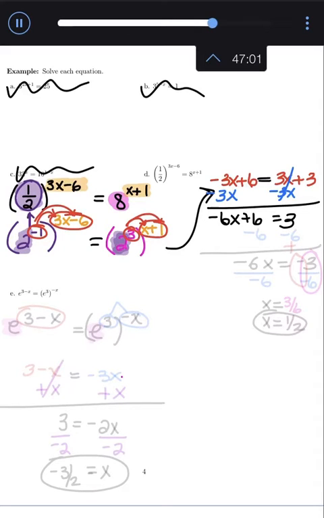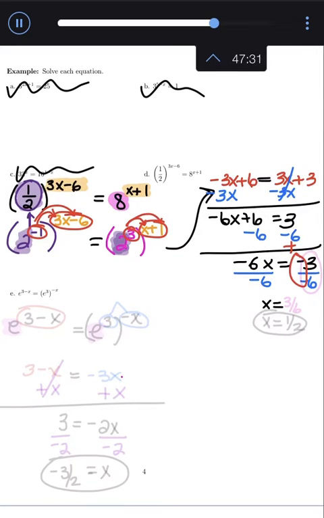Continuing right along, we can keep solving for x by subtracting 6 from both sides, and that gets us a -6x equals -3. Then dividing both sides by a -6 will get us that x equals, well, notice we have a negative divided by negative, which is actually a positive.